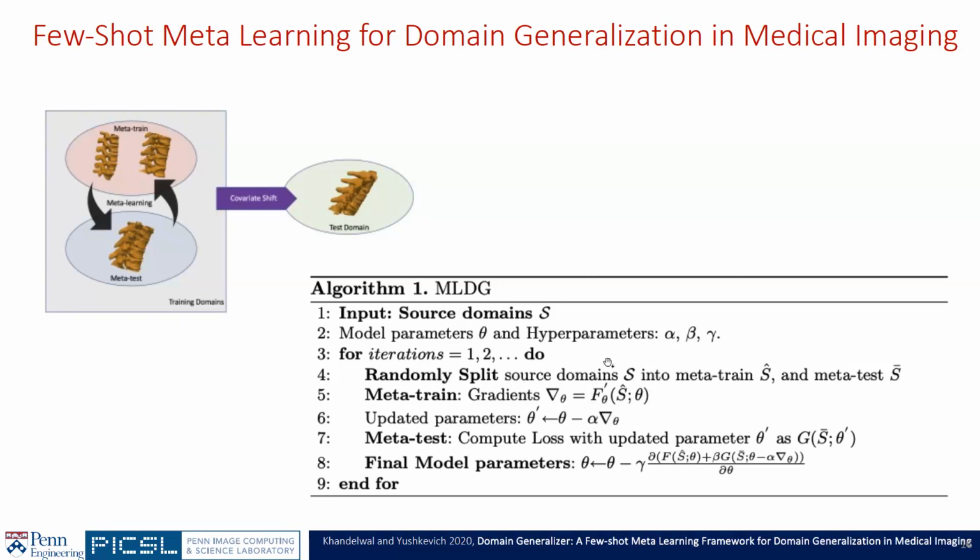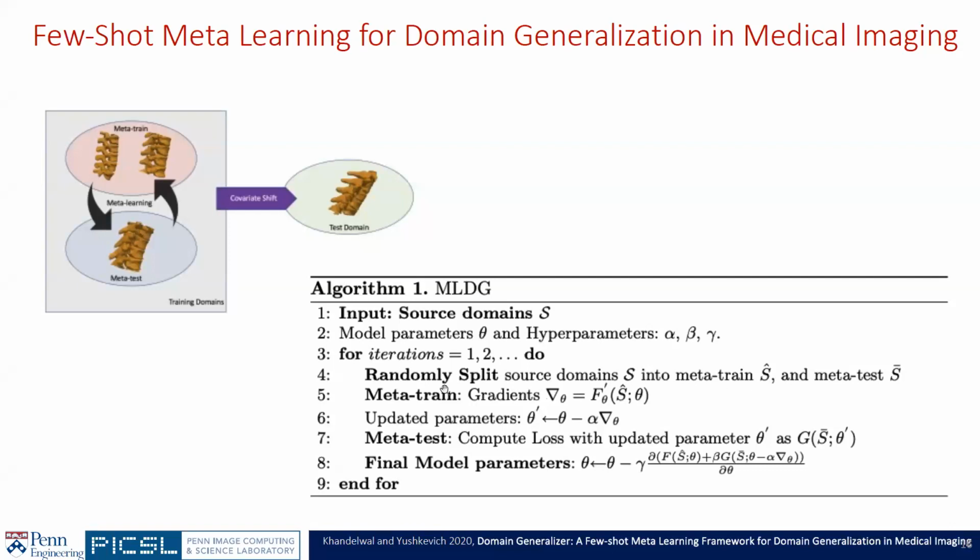I'm updating my model parameters, and then using those updated parameters, I use that as a prior for the remaining of my source domains. And then using that, I get some kind of final model parameters for that particular iteration. Then I do this again in the next iteration.